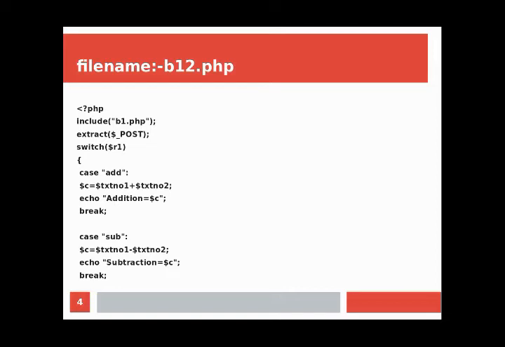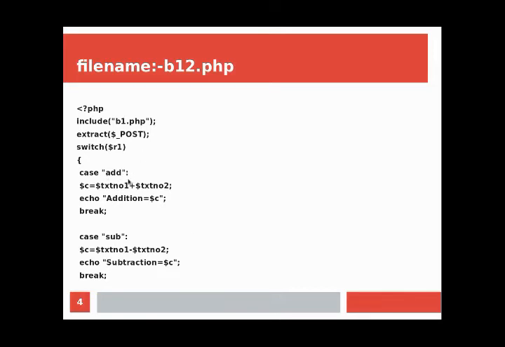Then we use the switch statement, switch, then in brackets $r1. While creating the radio buttons, there we used r1. So for that we took addition, subtraction, multiplication, and division, and we accept them as the value of the switch. Then according to the syntax, left curly bracket, then we take the particular cases. Here case within double quotes add.